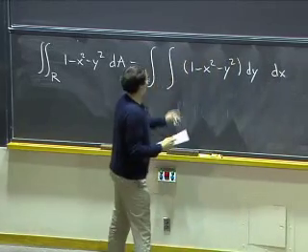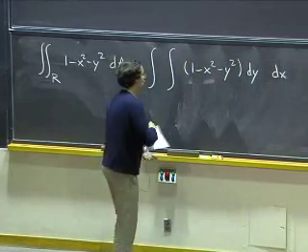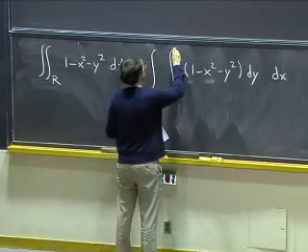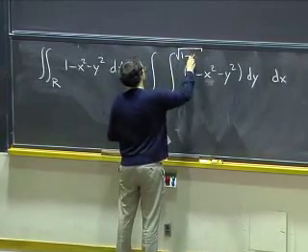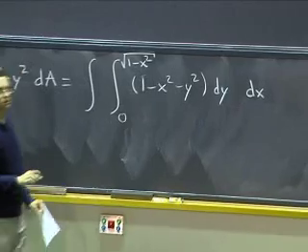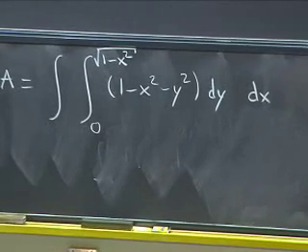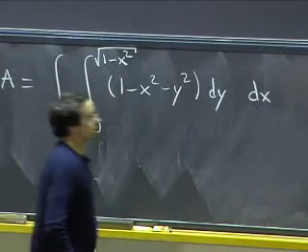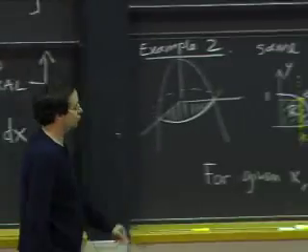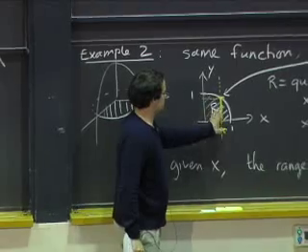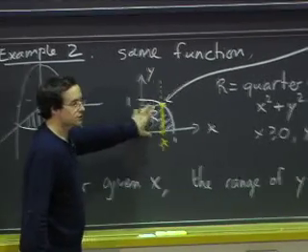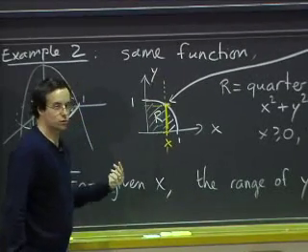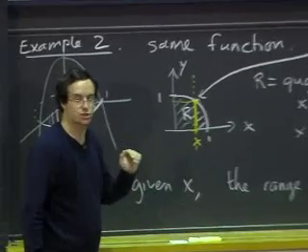And we said for a fixed value of x, the range for y is from 0 to square root of 1 minus x squared. What about the range for x? Well, the range for x should just be numbers. Remember the question I have to ask now is, if I look at all of these yellow slices, which one is the first one that I want to consider? Which one is the last one that I want to consider?